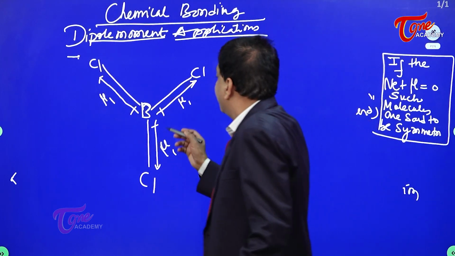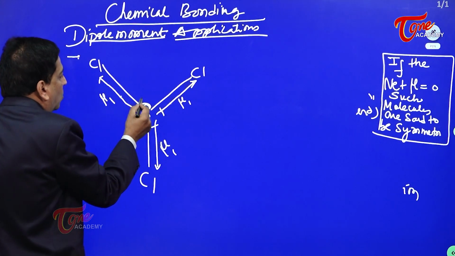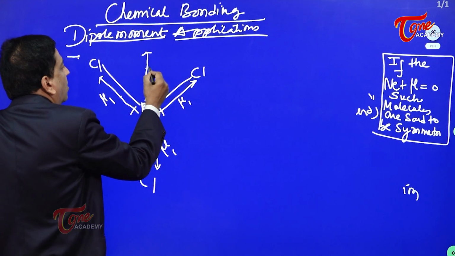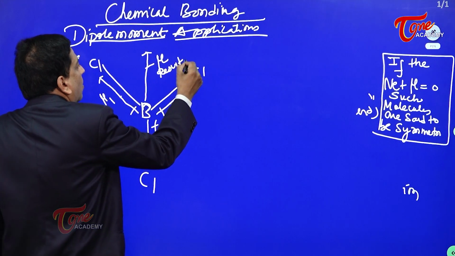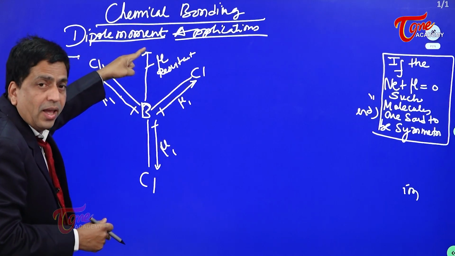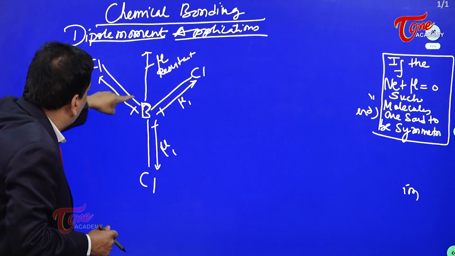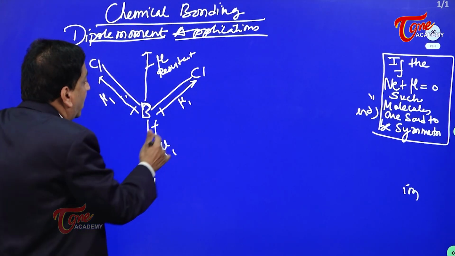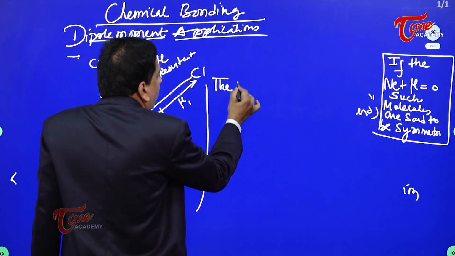For example, the resultant of these 2 vectors is a 3rd vector. This is the mu resultant, and it is pointing towards that way. And the resultant of any 2 vectors, not only this and this, you have this way.